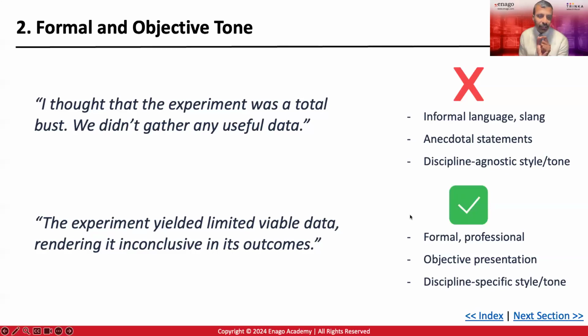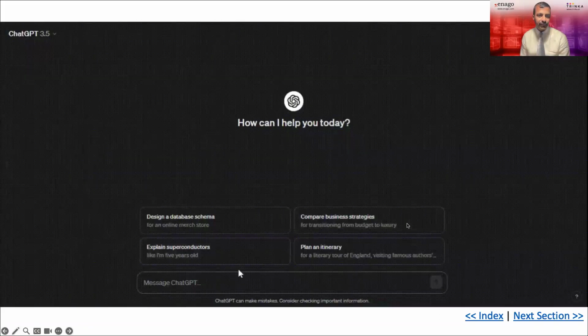Now, the app that I've chosen to show as an example is the good old ChatGPT 3.5 and the free version. So you can copy paste something like this and get a very good result. So here I'm writing a prompt, write the following statement in a formal and objective tone.